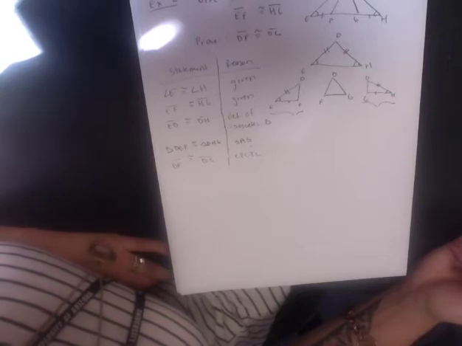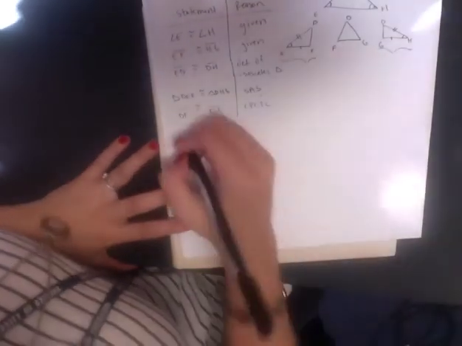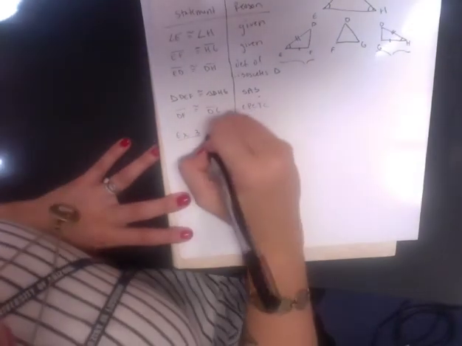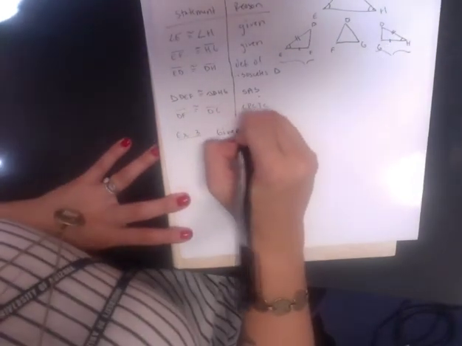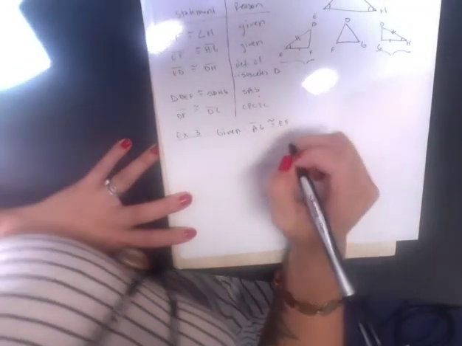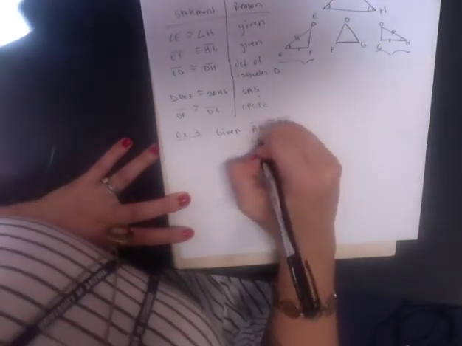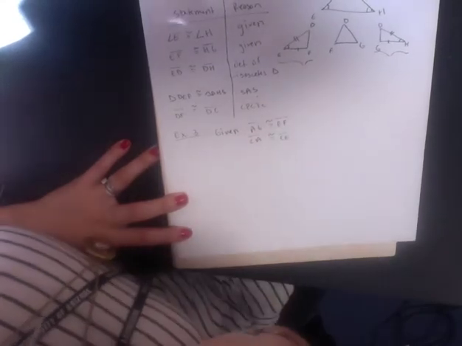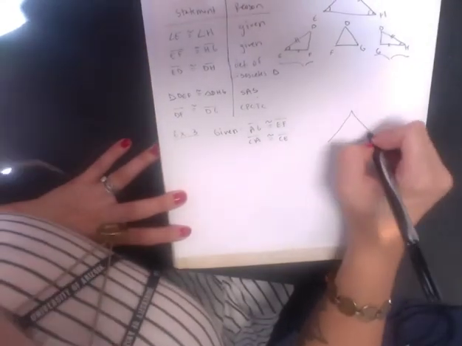Okay, let me do one more. Okay, example 3. We are given that AG is congruent to EF and CA is congruent to CE. So I'm going to draw this figure.